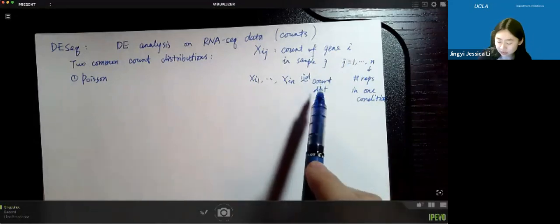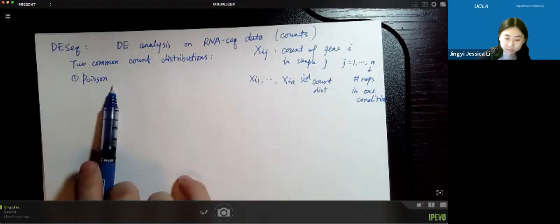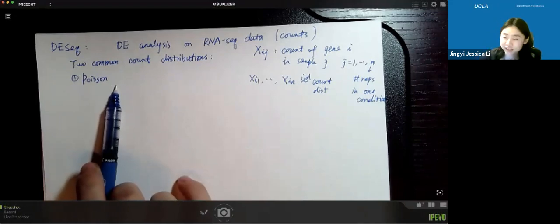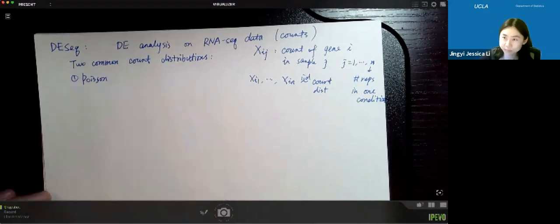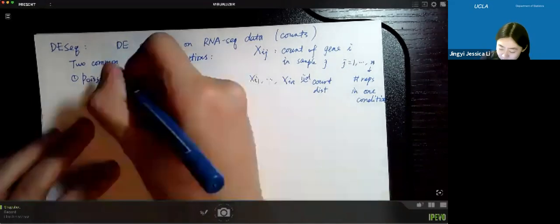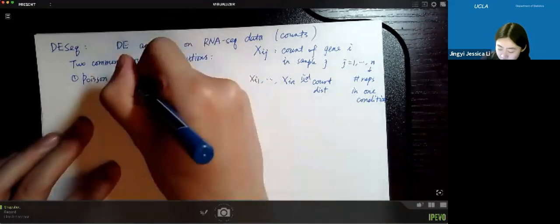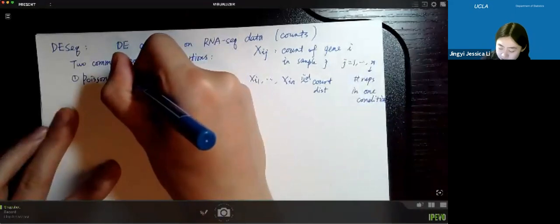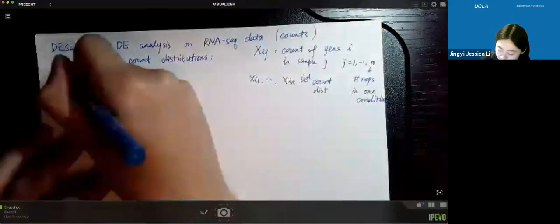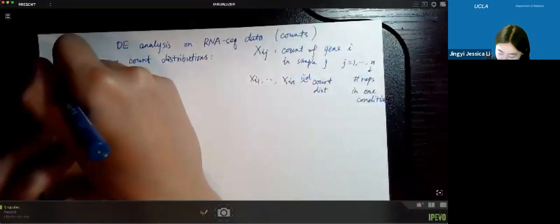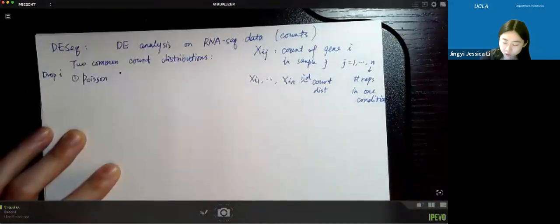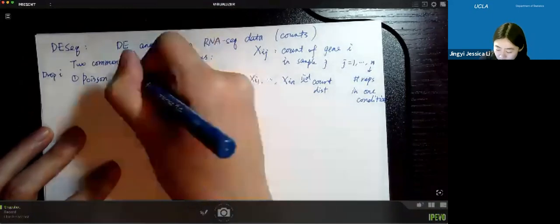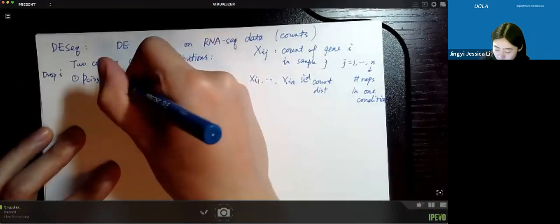So the first count distribution we can consider is Poisson. And Poisson is very special in that it has only one parameter. For gene i, let's drop the i index for now, so we don't need to carry i everywhere. And for the Poisson, we use the notation Poi.